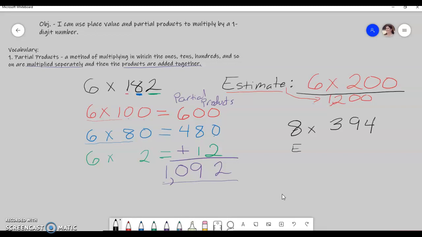So my estimate is 8 times 400, and that gives me 3,200. All right, so now I'm going to break it apart. I've got 8 times 300. I've got 8 times 90. And I've got 8 times 4 ones.